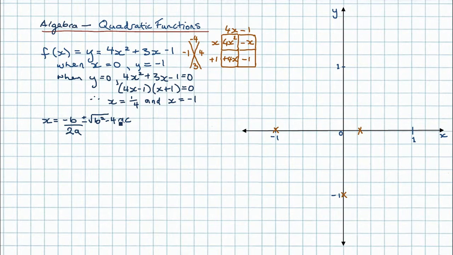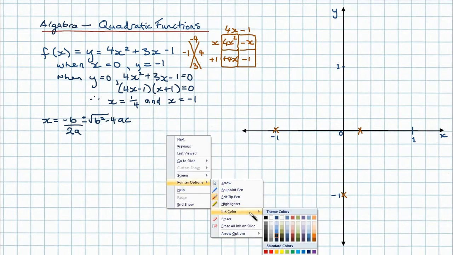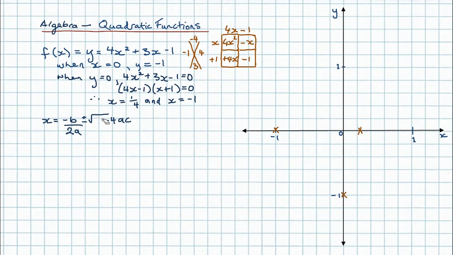The discriminant equals 0, so b squared minus 4ac has got to equal 0, like this. It's got to equal 0 at the turning point, because if you think about it, that will only give us one solution.